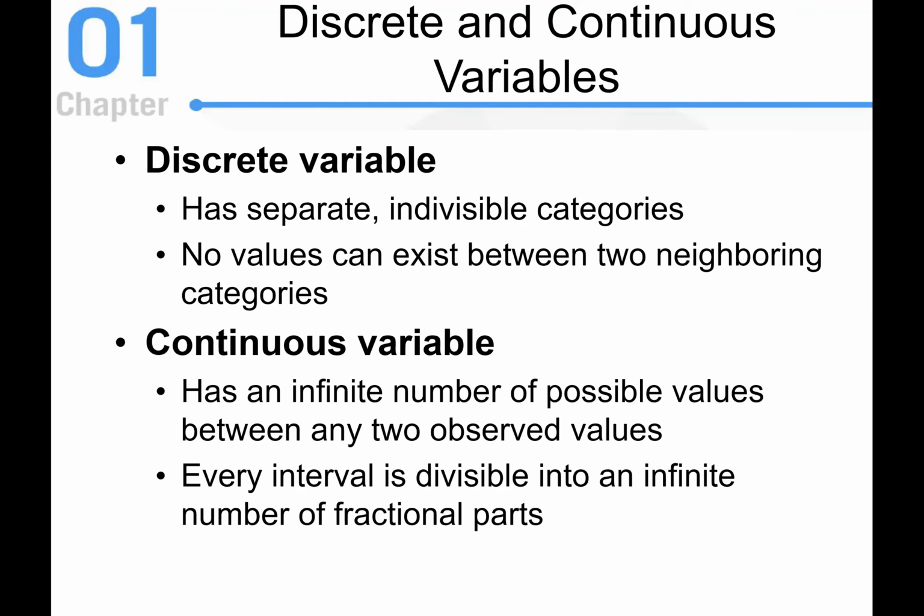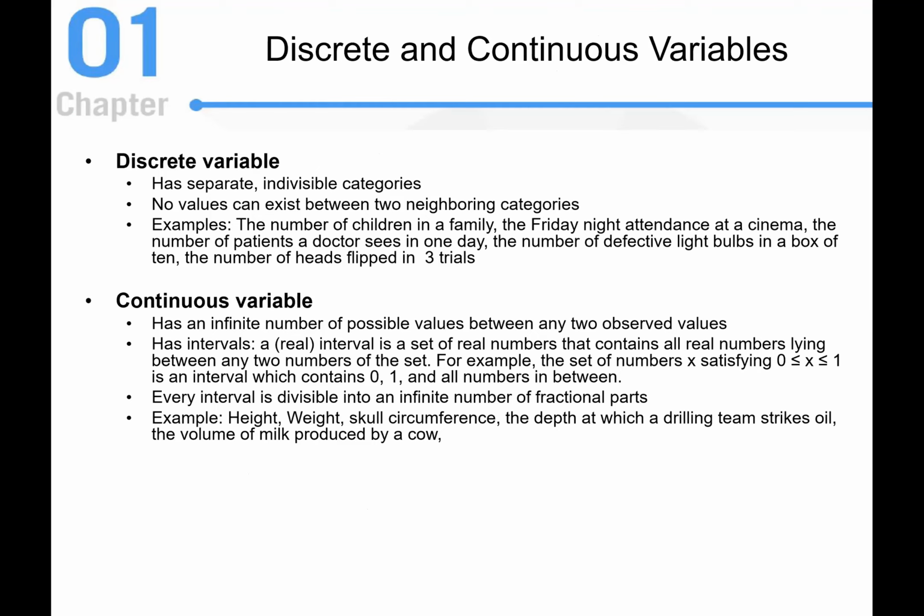So for examples of a discrete variable, there is the number of children in a family. Either you have one child in the family or two children or three children or four. You can't have 2.3 children. It's not possible.